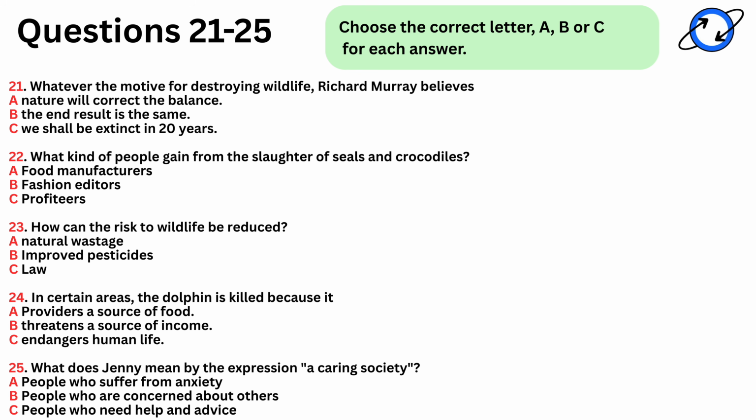Well, I see what you mean about fur coats and crocodile handbags, Mr. Murray, but I don't understand what you mean by caring. That can't be bad, surely. I mean, I thought we were supposed to be living in a caring society. Well, so we do, in a way.